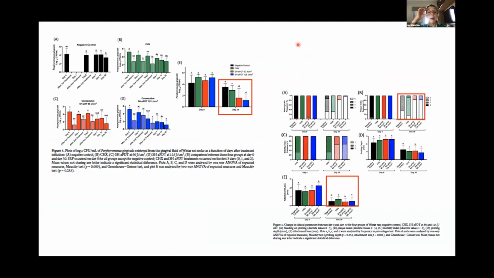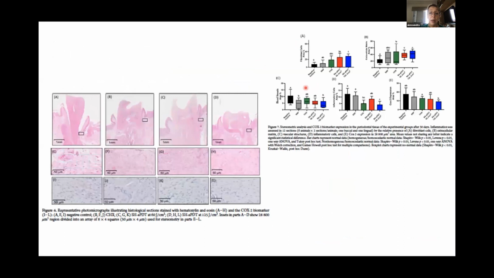We used a photosensitizer already approved by FDA called Visudyne, and we could show that the super hydrophobic surface with this photosensitizer was able to inhibit the biofilm, and also we could see an improvement on the clinical parameters evaluated in this study, like the probing depth, the attachment loss, and we could evaluate all of them after 30 days in the beginning, after PDT, and after 30 days.